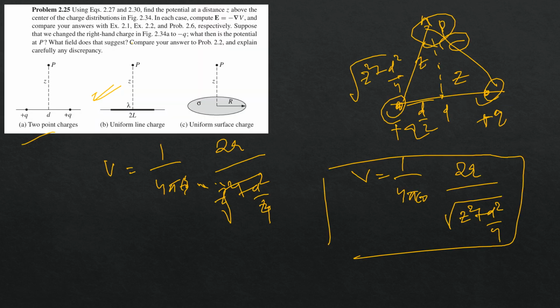So here you have to find the potential again. 1 by 4 pi epsilon naught, minus L to L. Why minus L to L? It's urging you to take the limit from minus L to L, because the length is 2L, isn't it? So minus L to L.